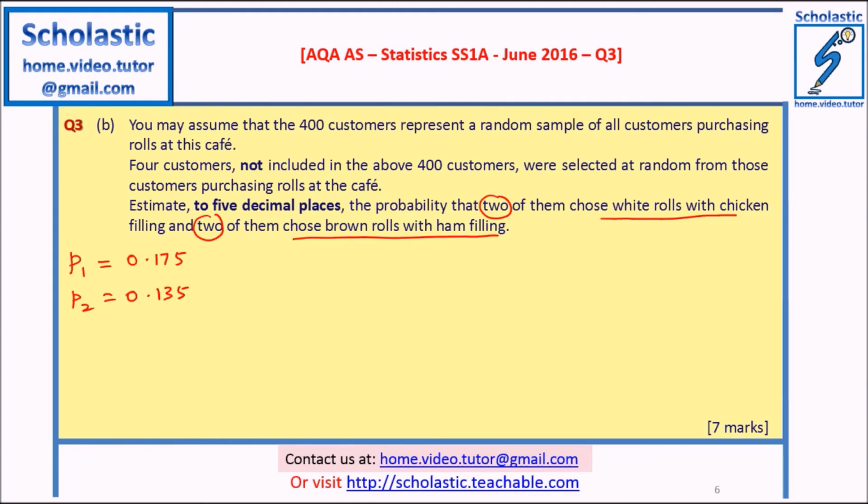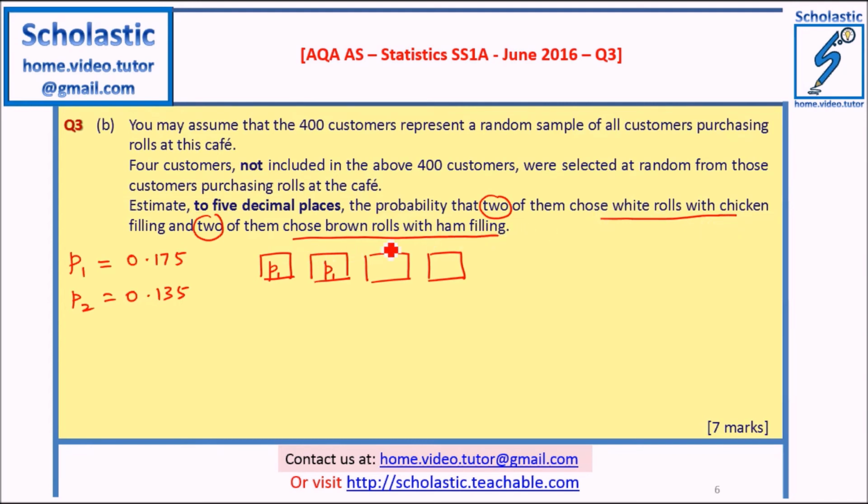So first we'll see that the four customers are lining up in a line, and then what is the probability that the first customer chooses a white roll with chicken filling? So this is P1. So the first customer has chosen a white roll with chicken filling, and again let's assume the second one also chose a white roll with chicken filling, and then two of them have already chosen white rolls with chicken filling, and there is an 'and' condition.